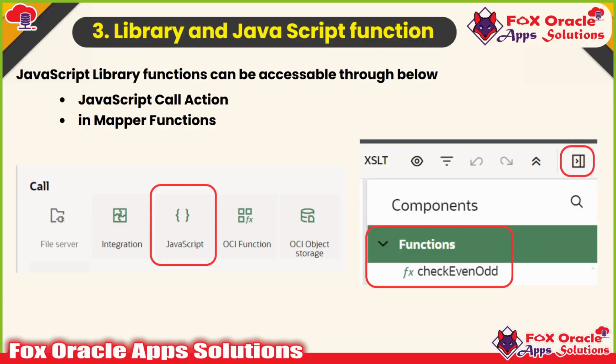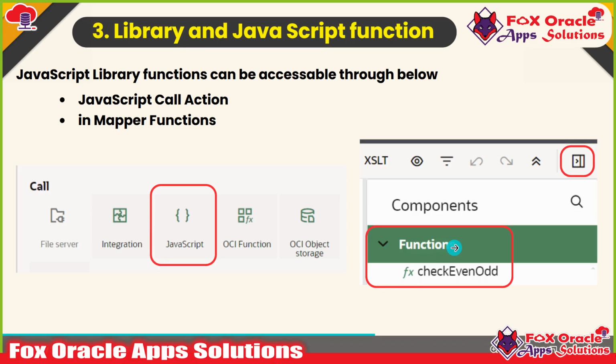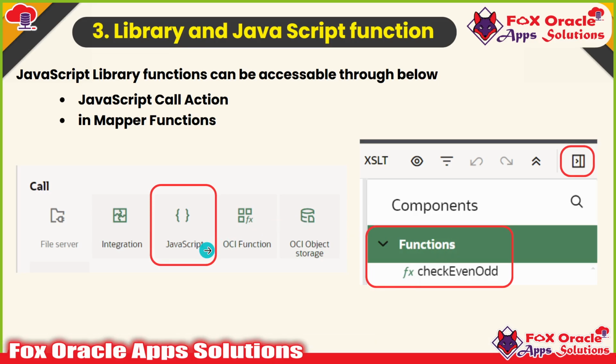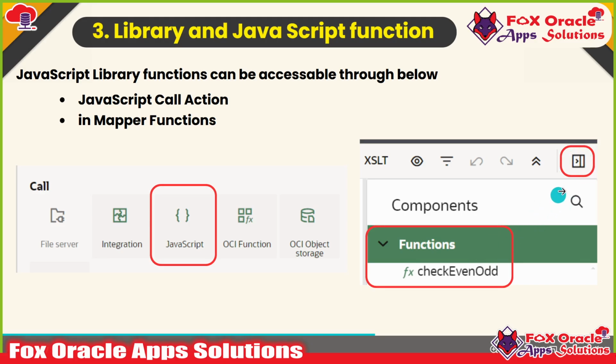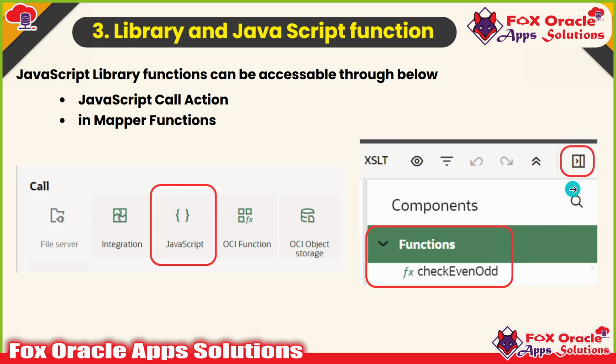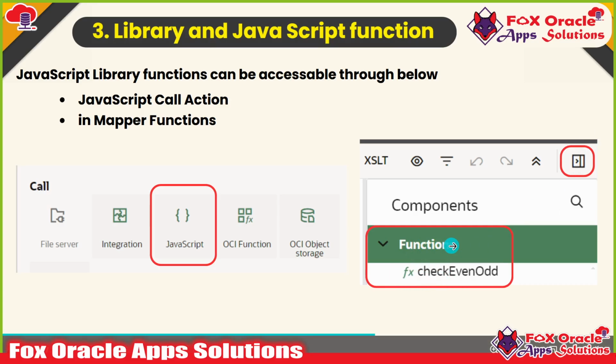In OIC, when we want to use those JavaScript functions, you can use them through the JavaScript action or action call added in OIC. Or you have another option: in the mapping, if you want to call these functions, you can go to the mapping, click on the advanced option, and you will be able to see your functions under custom functions.